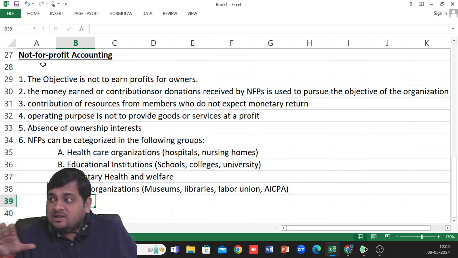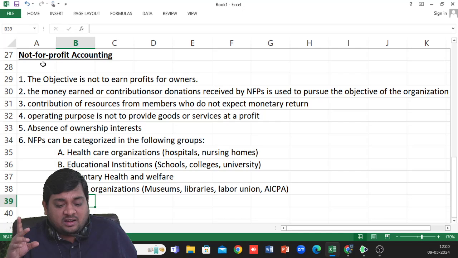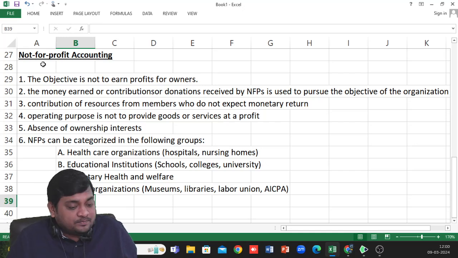So we have understood what is not-for-profit organization, right? And how it is different from normal profit entities, right?